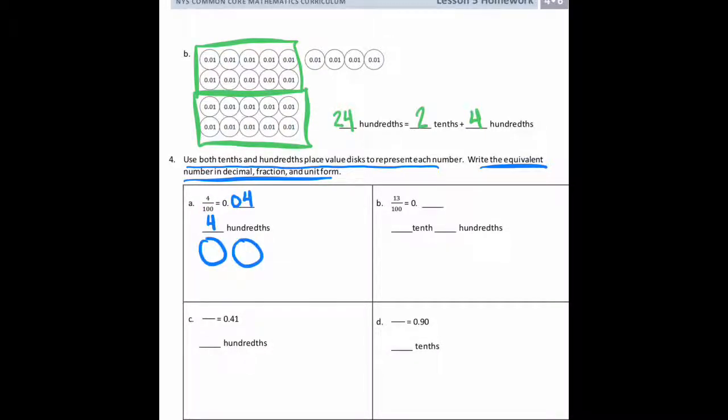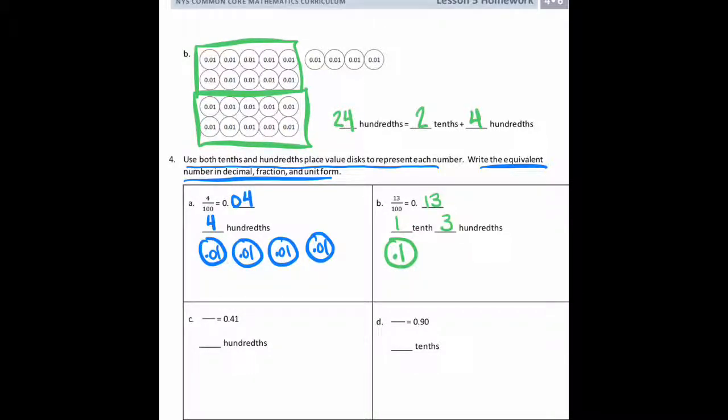And if I were going to show place value discs, I'm going to put 0.01 4 times. On part B, I have 13 hundredths, so it would be the same as 0.13, which is the same as 1/10 and 3 hundredths. And when I use the place value discs, I'm going to put 1/10 place value disc.